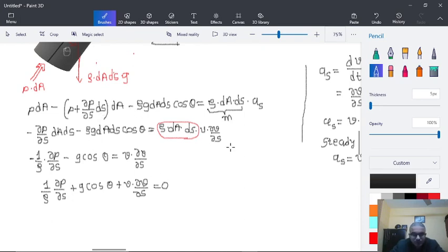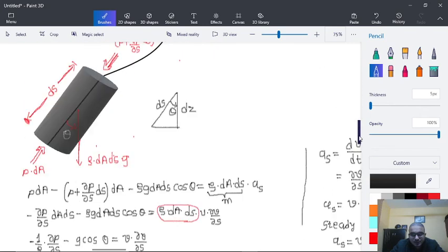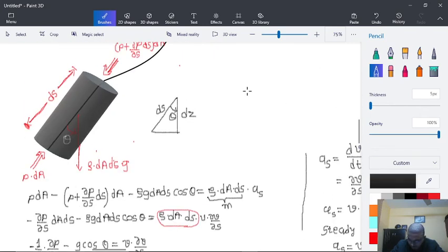Now instead of cos theta, if we see this figure, we can write it as dz over ds.